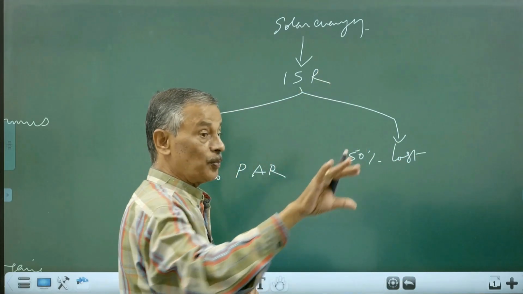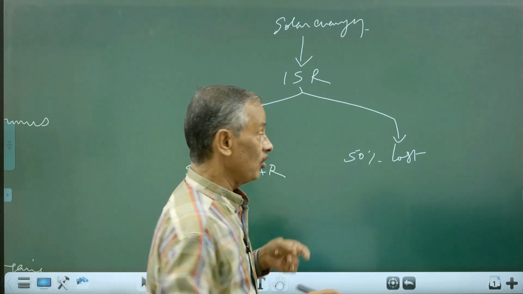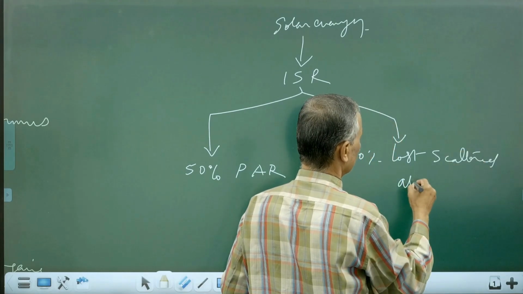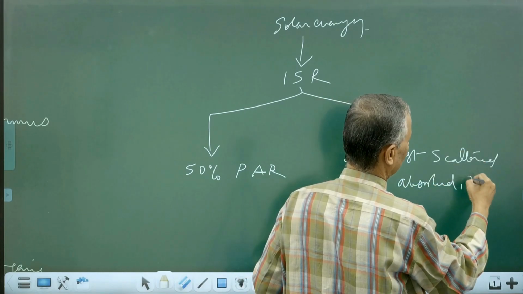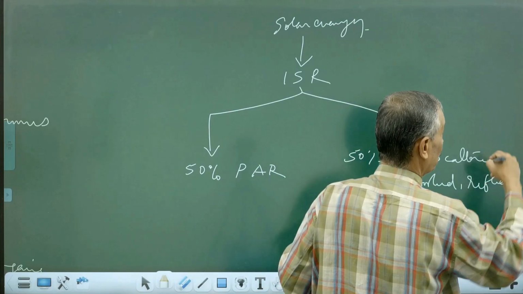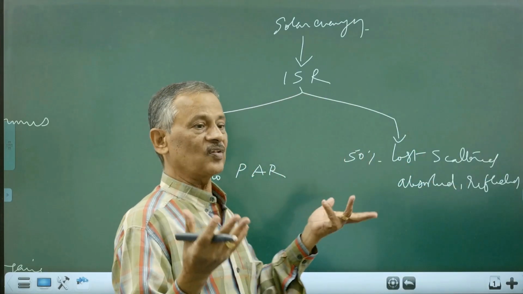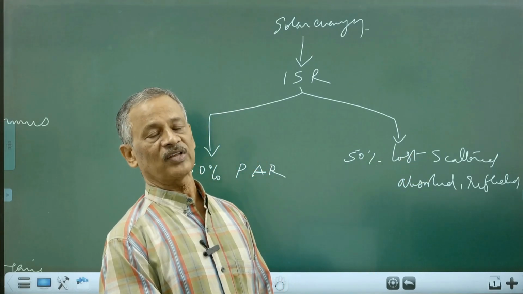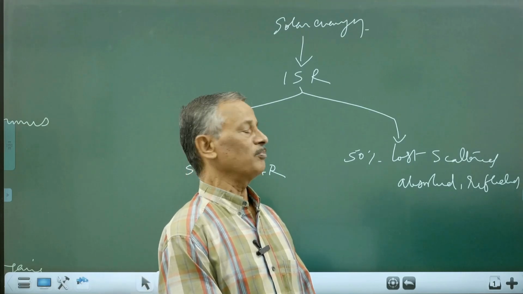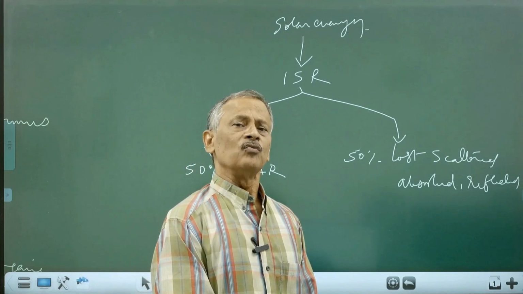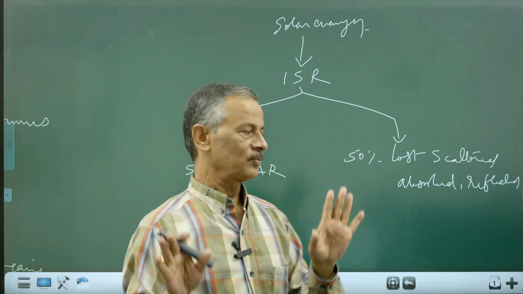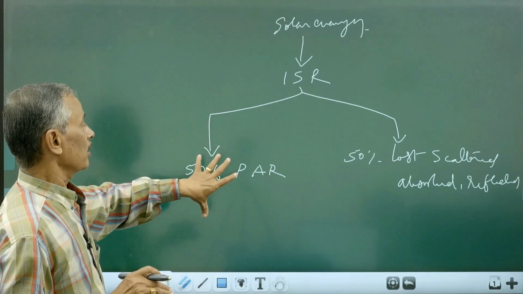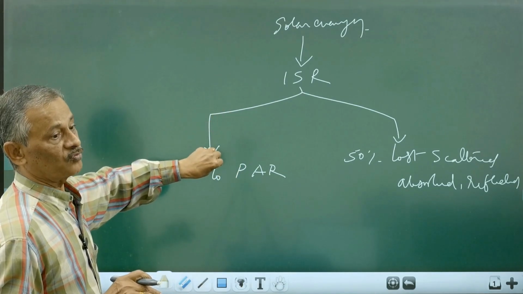As energy passes through the atmosphere, most of it will be scattered, absorbed, or reflected. The clouds may reflect the energy back, or gases and water vapor will absorb it, or because of the dust particles and other clouds present in the atmosphere, it may become scattered. So 50% of the energy is lost. Okay. So only 50% of the incident solar radiation will be photosynthetically active.